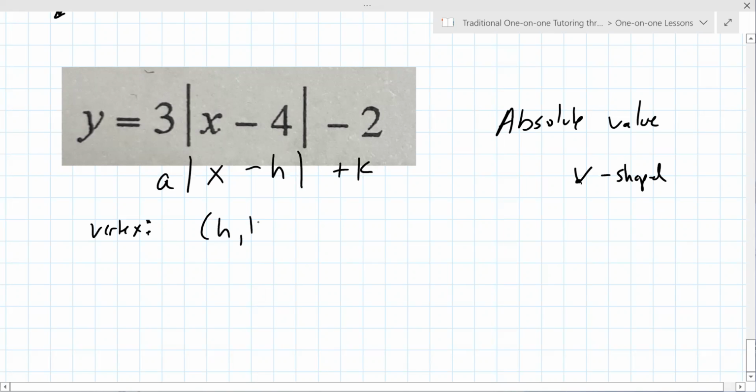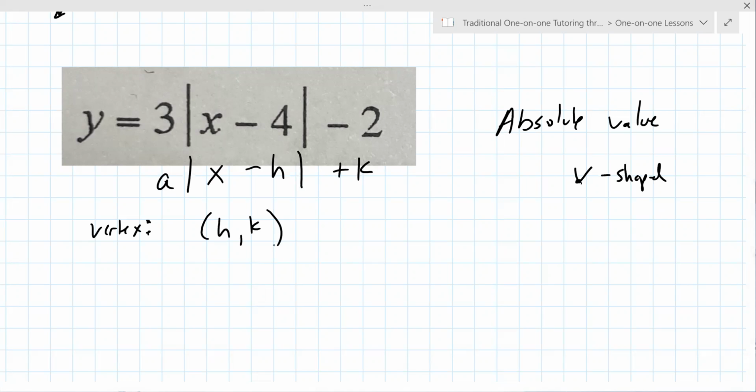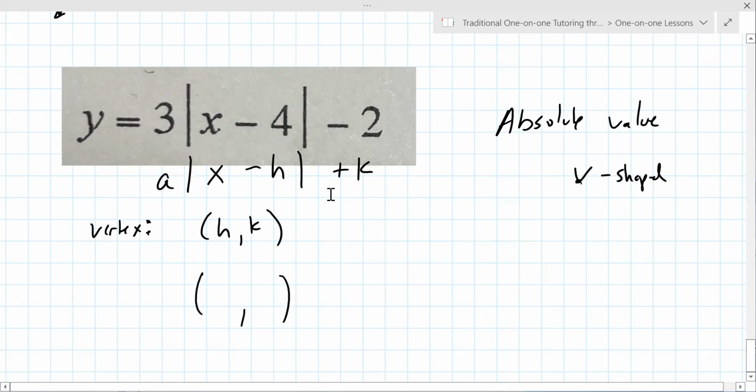And so the vertex is h comma k. Does that help, or do you need more explanation? So the vertex is what's added or subtracted to x, and the y-intercept. It's an ordered pair. Can you tell me the ordered pair from this?